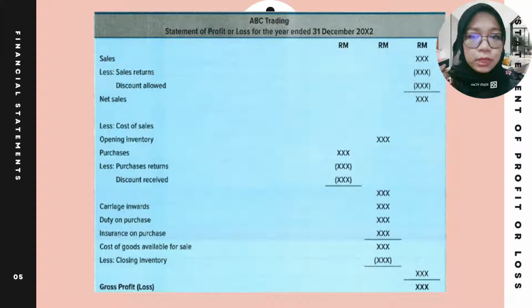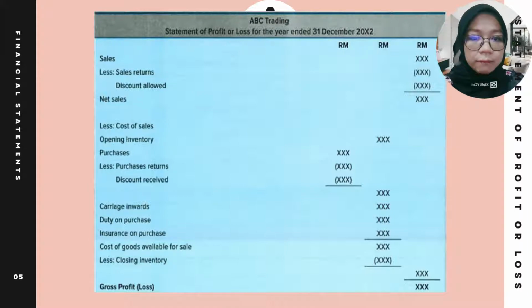Okay, we should start with the sales amount minus any sales returns or discount allowed related to the sale, and then we will get net sales, and then we should minus cost of sales or cost of goods sold. Okay, we start with opening inventory or balance b/d for the inventory plus purchases, and then minus purchase returns and minus discount received from the supplier.